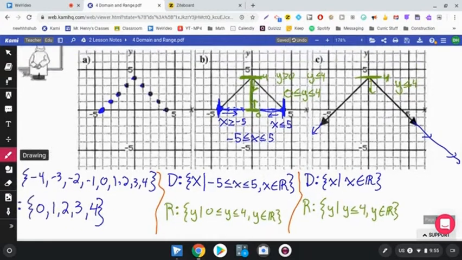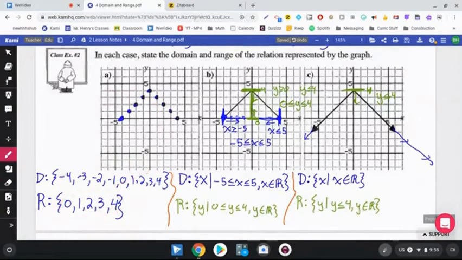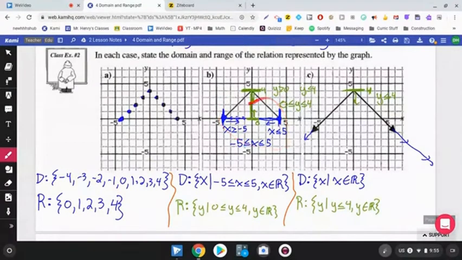Okay, so those 3 examples encompass everything we have to do with domain and range. If I just have ordered pairs, if I just have dots, list the x values, list the y values. If I have a contained system, I have to say x goes from here to here, from -5 to 5, and y goes from here to here, from 0 to 4.